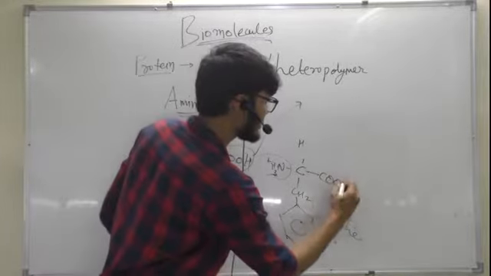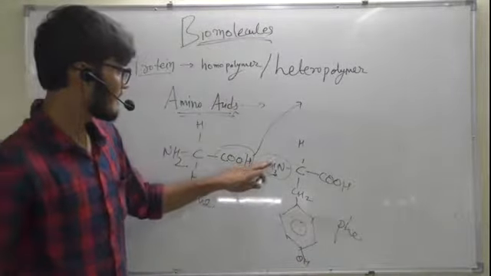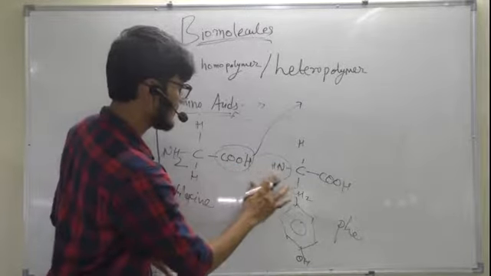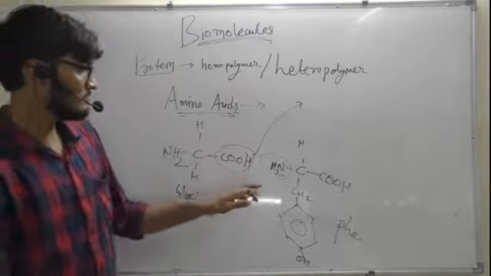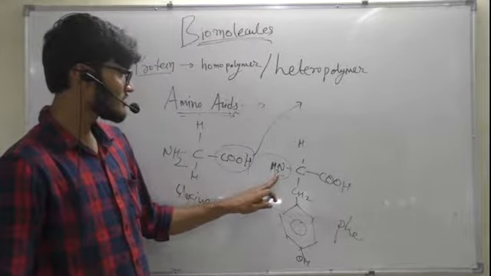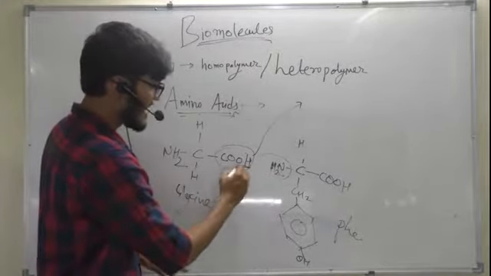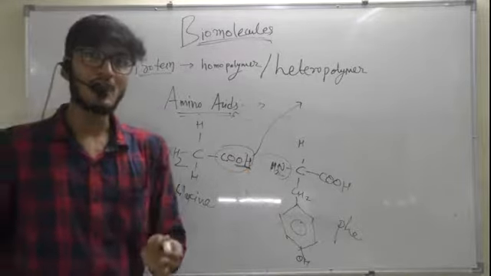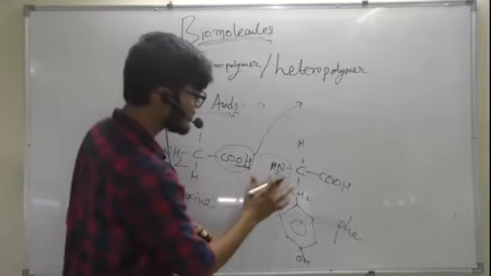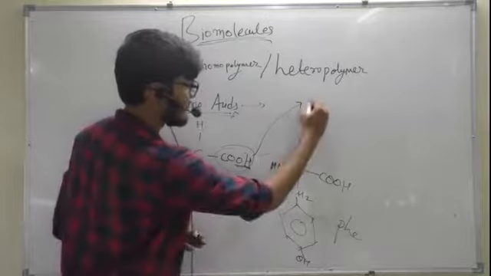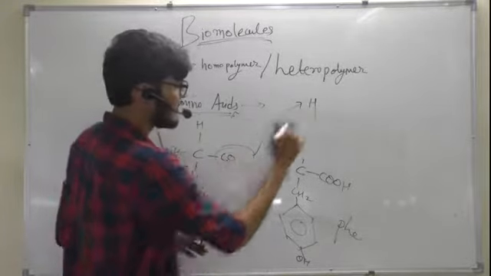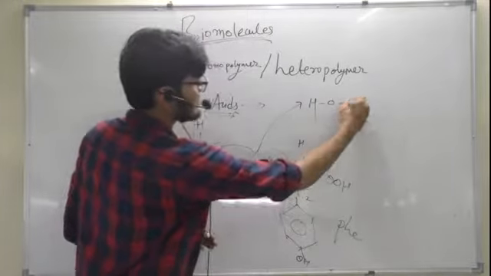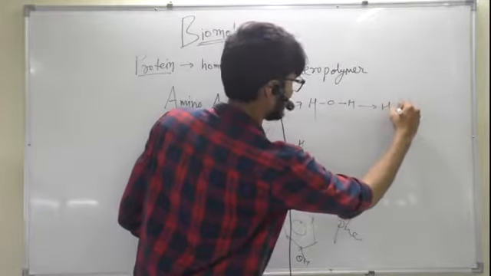One hydrogen from here, and the H and O from here, are released. So it will lose one hydrogen from here and the oxygen and hydrogen, OH, from here, thereby forming H2O.